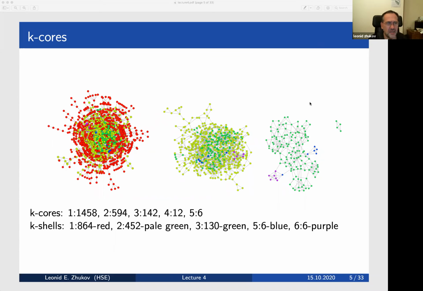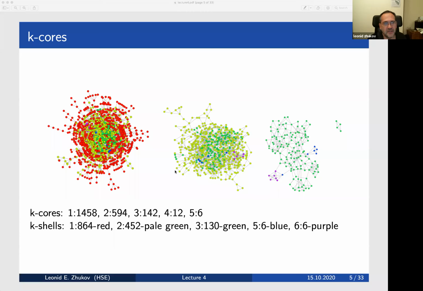You just barely see it, but that's what it does. And the 2-shell has 452, the 3-shell 130, et cetera, et cetera. And if you think about cores, the set of shells makes a core. Then that's the size of the cores.